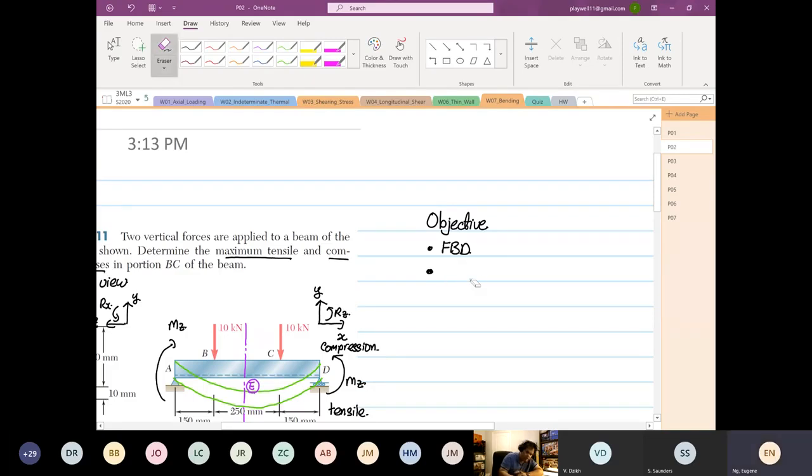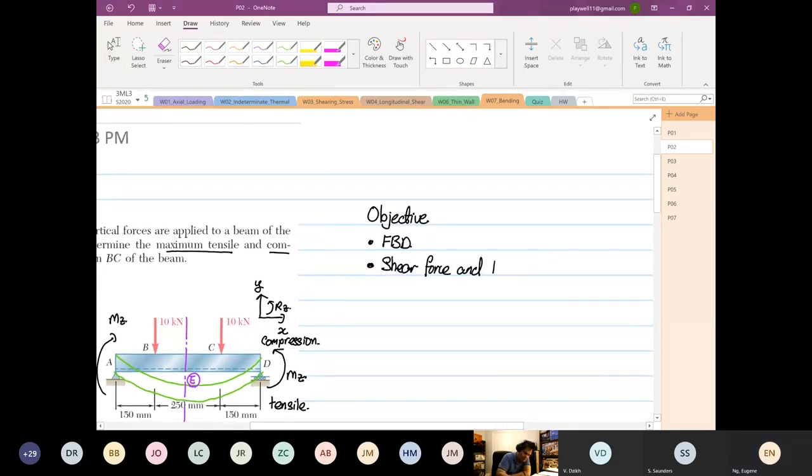Or I'm going to introduce, I know this is still early days, the shear force. We're going to look into the shear force and bending moment diagram. So there's a lot of components over here.